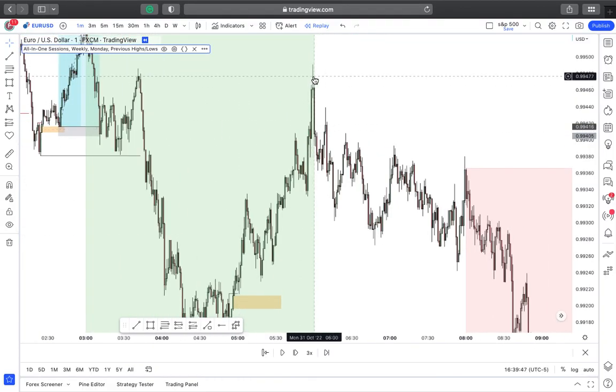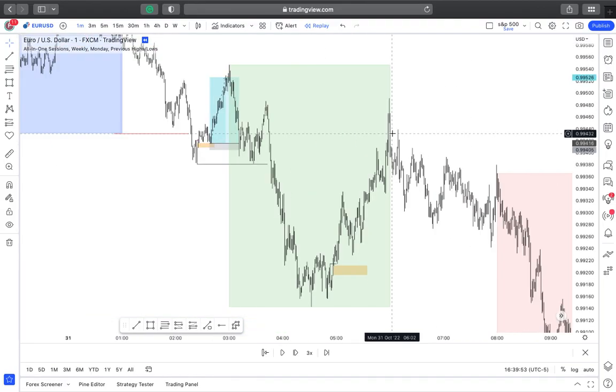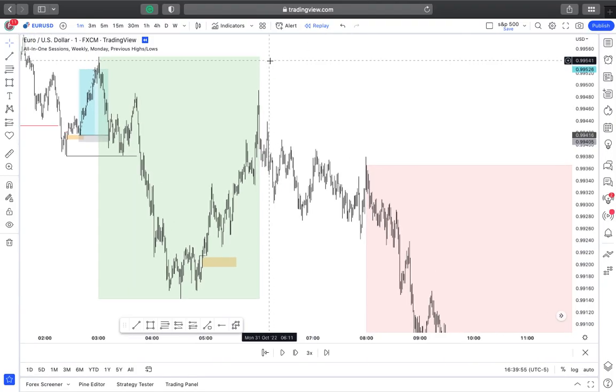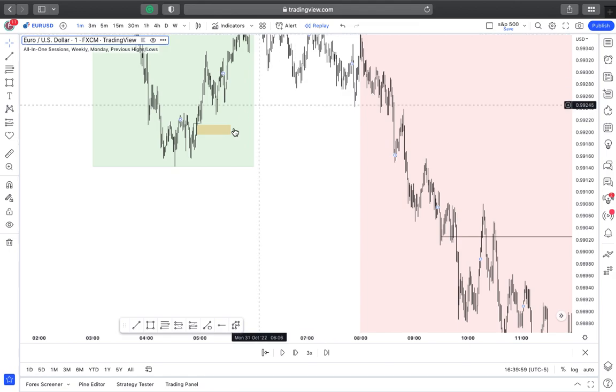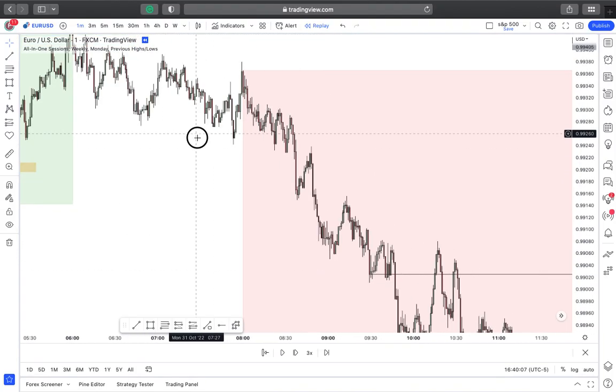At this time, during the London kill zone close, you are waiting for the price to sweep either the highs or the lows of the London kill zone for your potential entries, right? This is what I taught you guys in the previous videos.